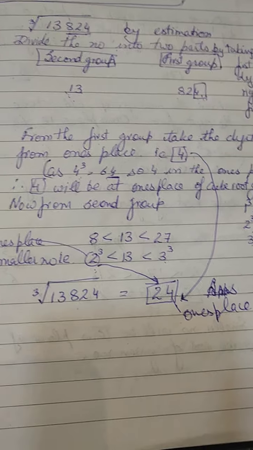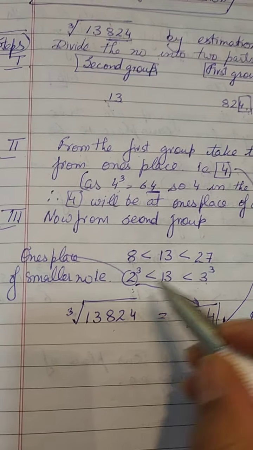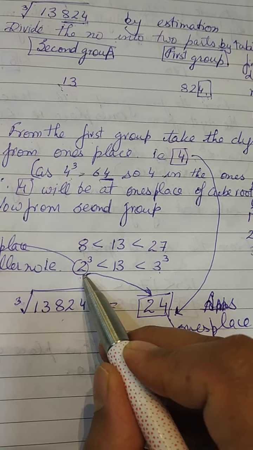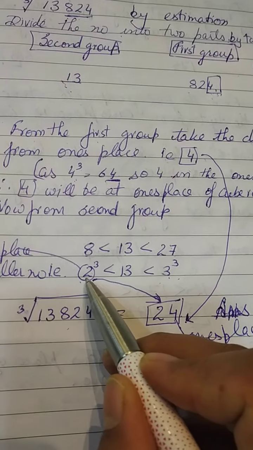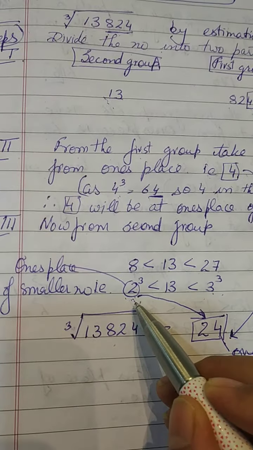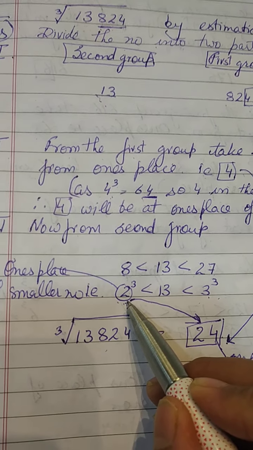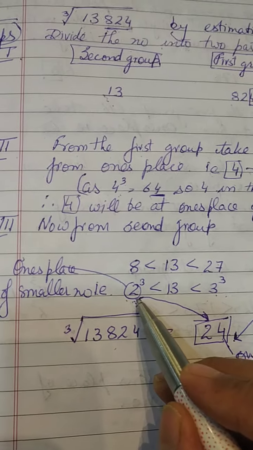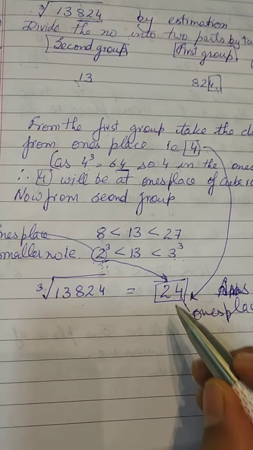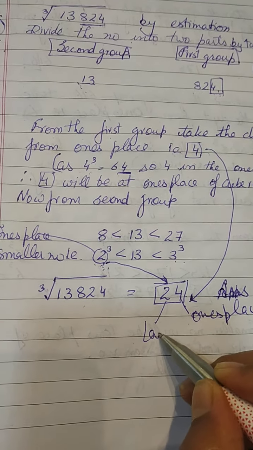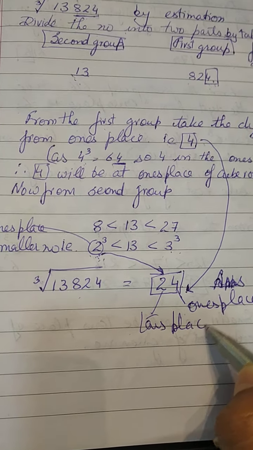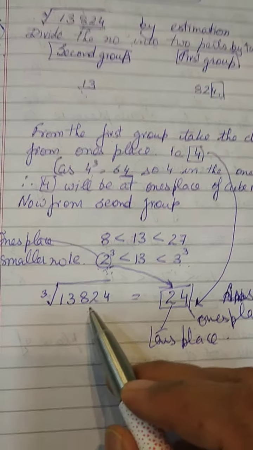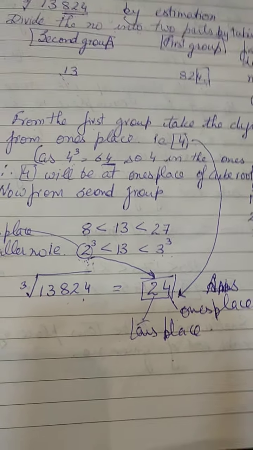In this group you have to take the smaller number, which is 2. The smaller number will be at the tens place of the required cube root.